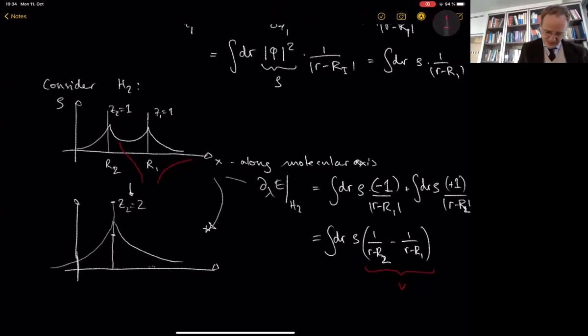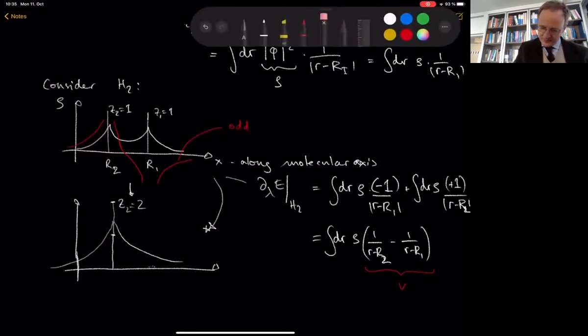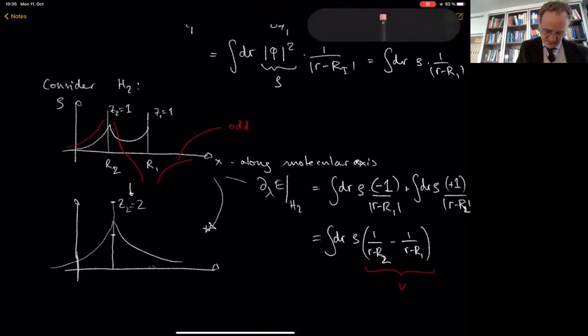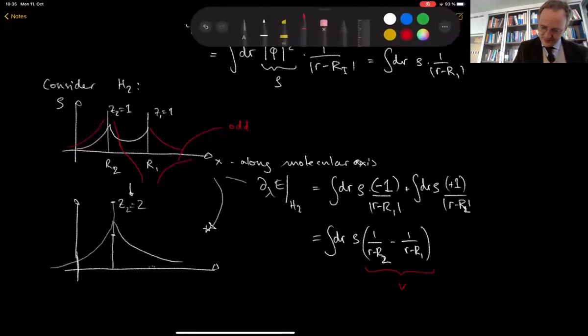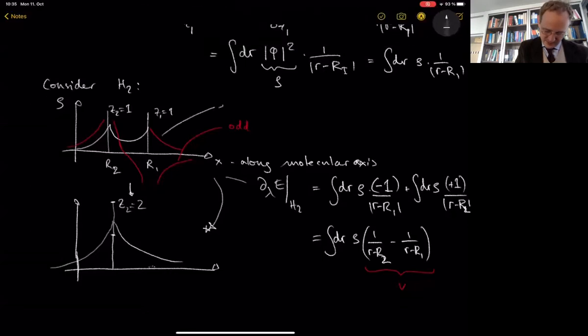Okay, so now maybe you see this already. This is an odd function, right? And this is an even function. Make this white again.